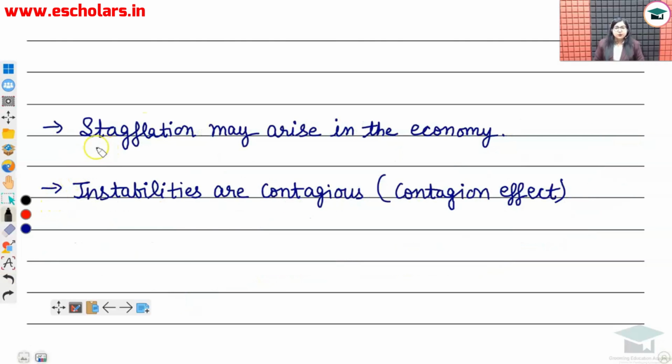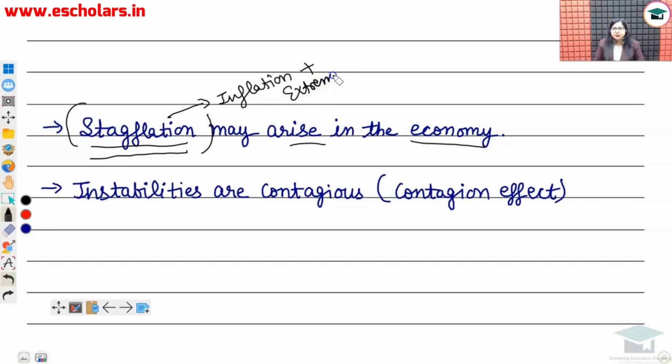Further, students, you know, stagflation may arise in the economy. Now, what is stagflation? Stagflation is a situation which includes inflation along with extreme unemployment. Okay, so this is an adverse situation for the economy, where an economy faces inflation along with an extreme level of unemployment. Instabilities are contagious.